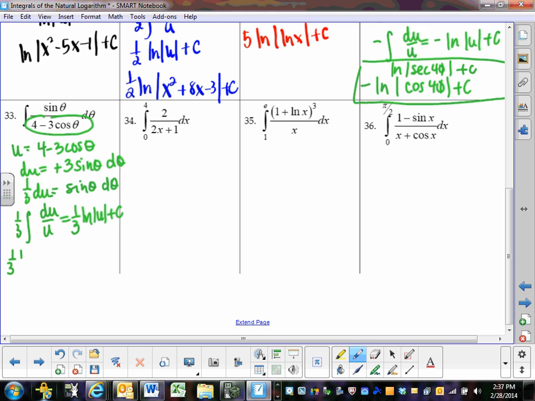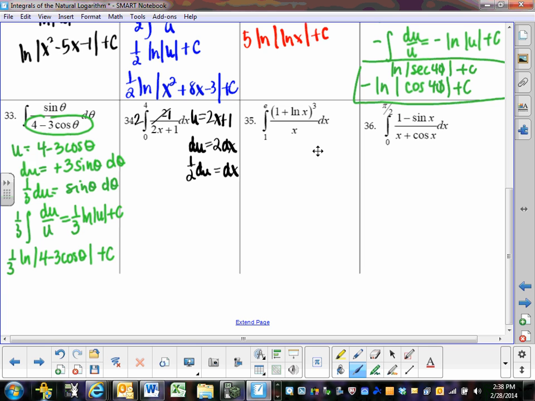I'm going to rewrite tangent of 4 phi as sine 4 phi over cosine 4 phi d phi. My u is going to be the bottom because du is never on the bottom. So du has to be negative sine of 4 phi d phi, so negative du can go in for sine of 4 phi d phi.